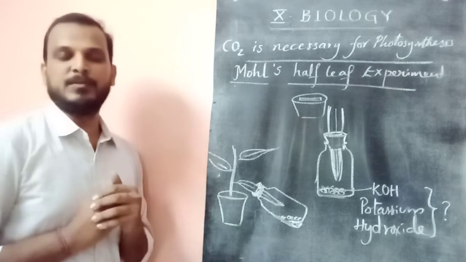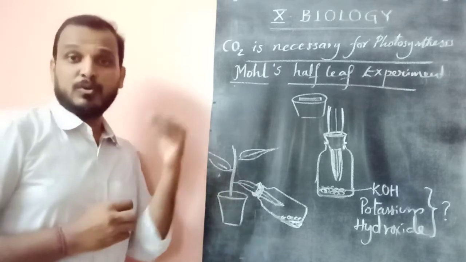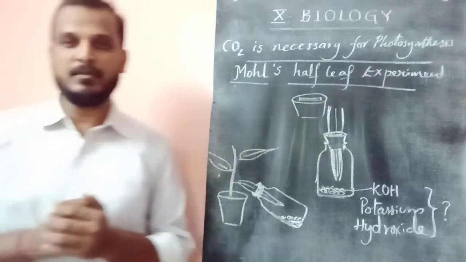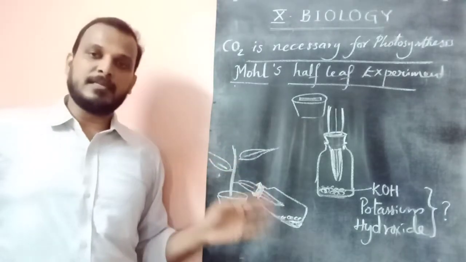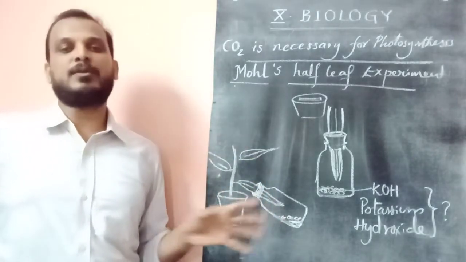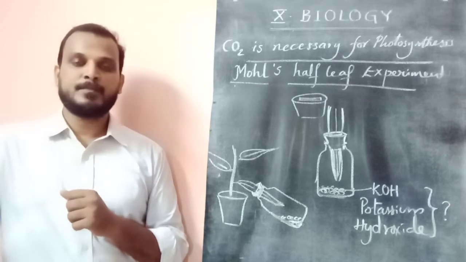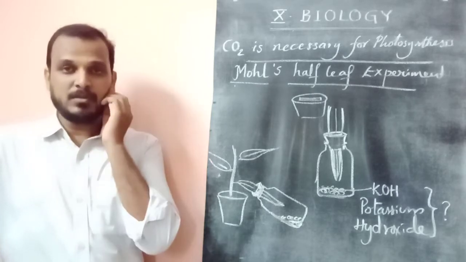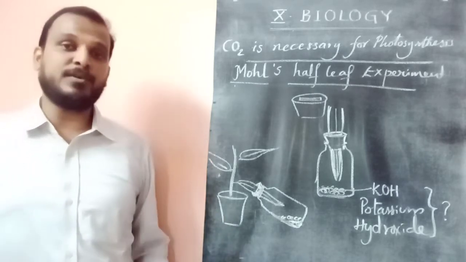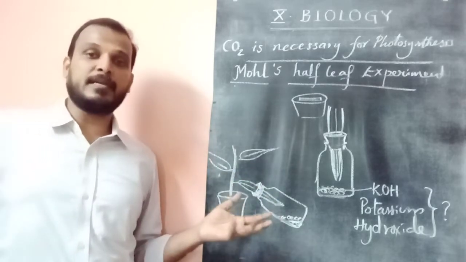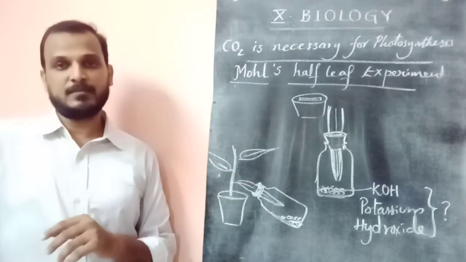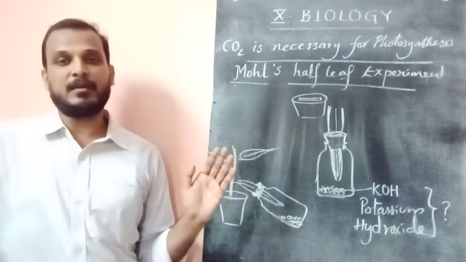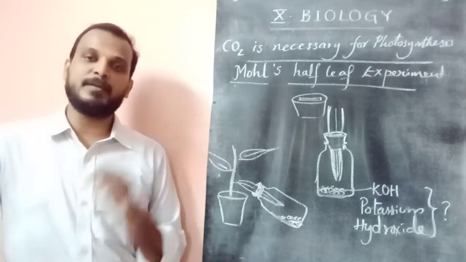So this is the arrangement made to this plant. This should all be done in the dark room or in a shaded place before taking it into sunlight. Understand, dear children? Because if you keep this arrangement in the sunlight, the plant will prepare starch before we finish. Before that, we don't allow the plant to prepare starch.